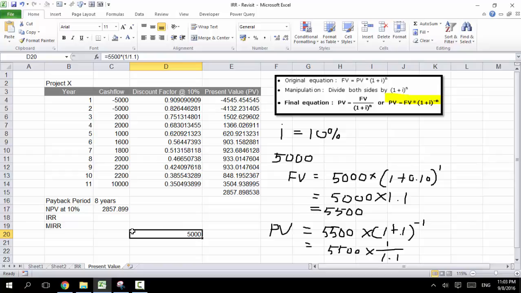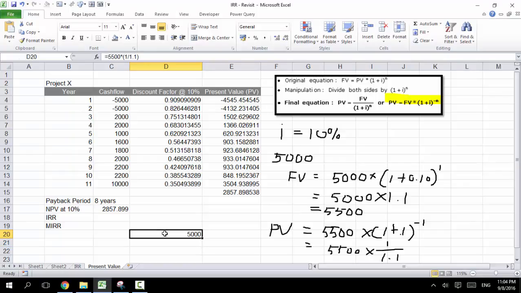So now it gets interesting. If I'm going to receive 5,500 at the end of the year, how much is it worth in today's time? It's actually 5,000. Think about this again: 5,500 at a rate of 10% discounted, in today's terms it's 5,000.